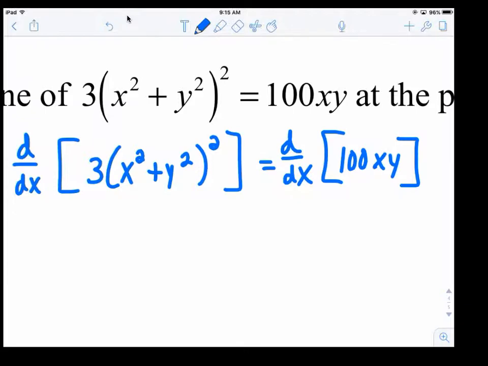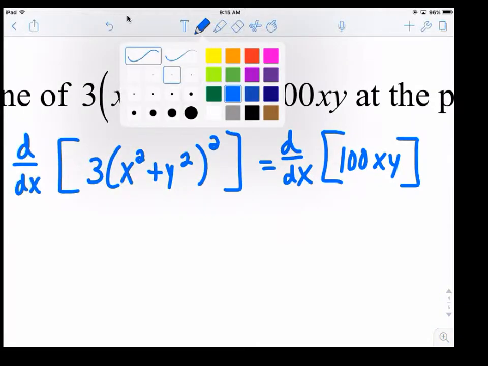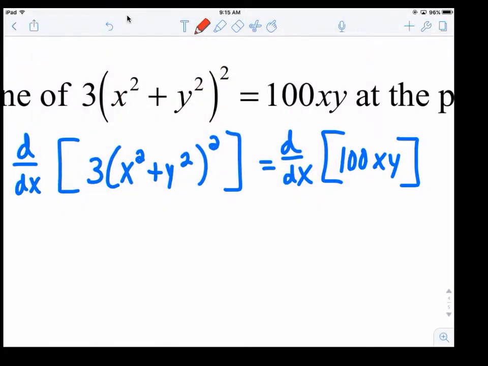And then on the right side, you're going to be doing what? Okay, so the left side, chain rule, you have 3 blob squared. So again, you're going to bring down the exponent. So that's going to give me 6 times x squared plus y squared to the first power, times now the derivative of the inside, which is what?